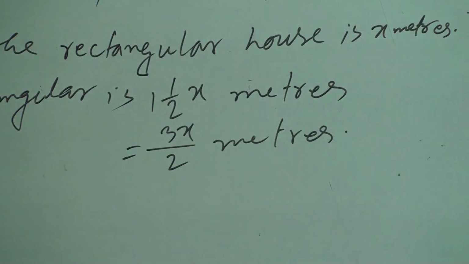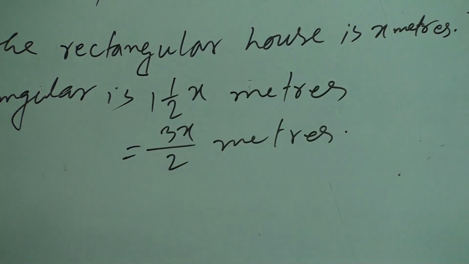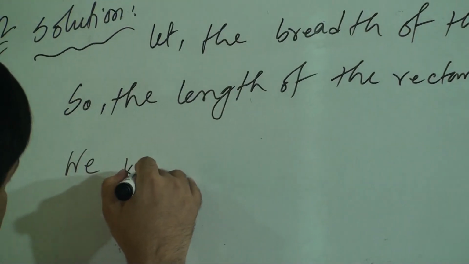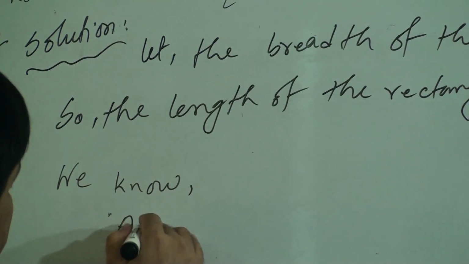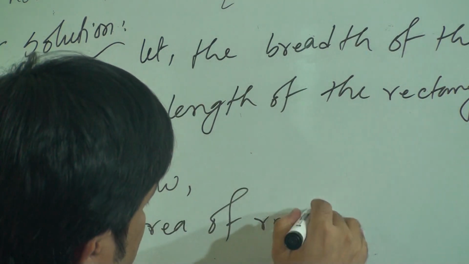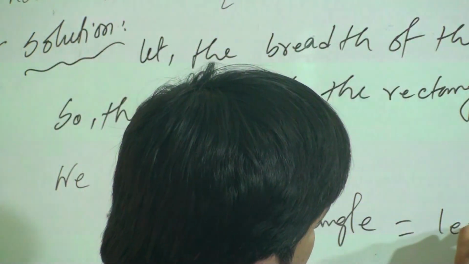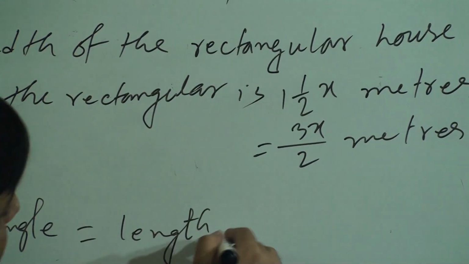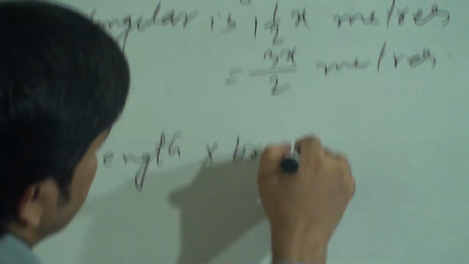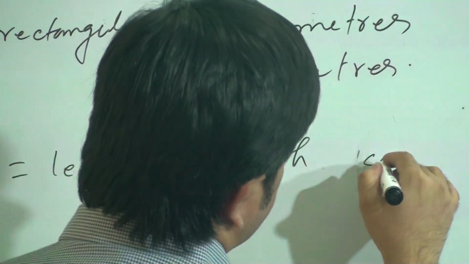So if we multiply this length and breadth, we will get the area of the rectangular house. So we can write, we know area of rectangle is equal to length into breadth, square unit.